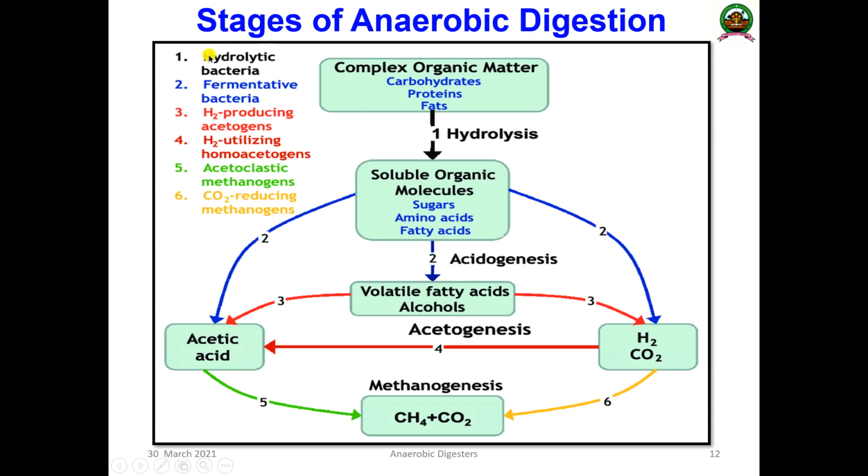So here you can see this picture indicating the entire biochemical mechanism of anaerobic digestion, where you can see 6 sets of organisms and 4 processes: hydrolysis, acidogenesis, acetogenesis and methanogenesis. In hydrolysis, the hydrolytic bacteria act on complex organic material such as carbohydrates, proteins and fats, which produces soluble organic molecules such as sugars, amino acids and fatty acids, and this step is known as hydrolysis.